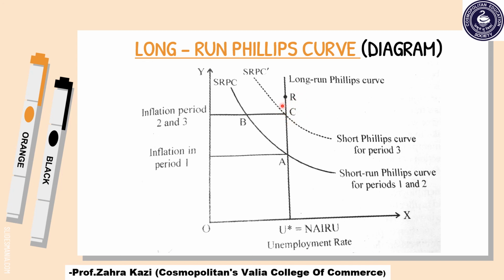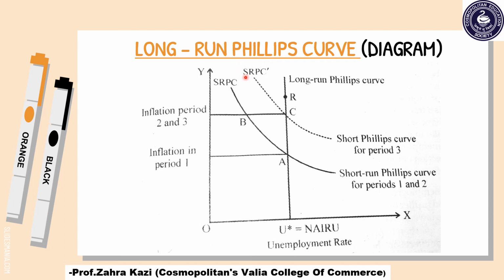So if you observe, the economy has moved back to the same unemployment level, that is the NIRU level, along with the higher rate of inflation at point C. All this takes place on SRPC dash.